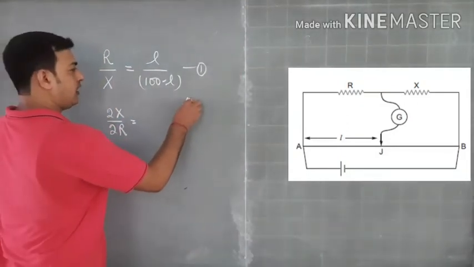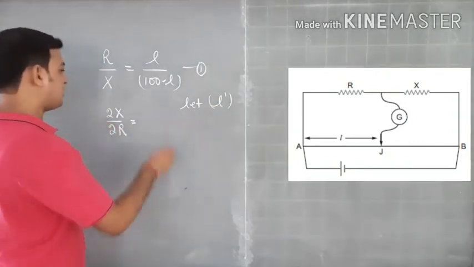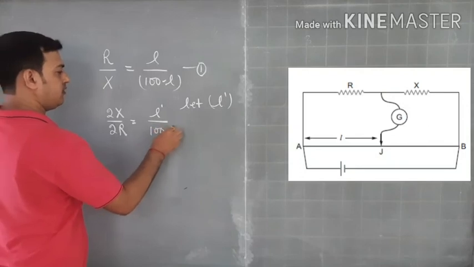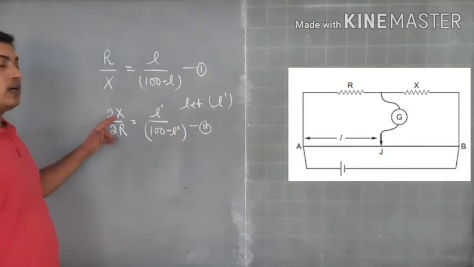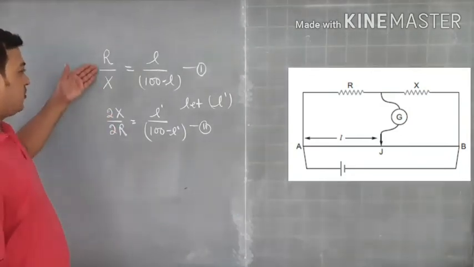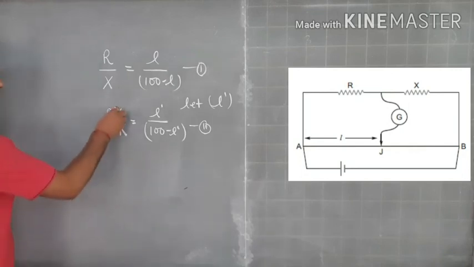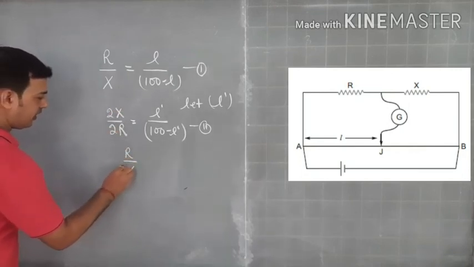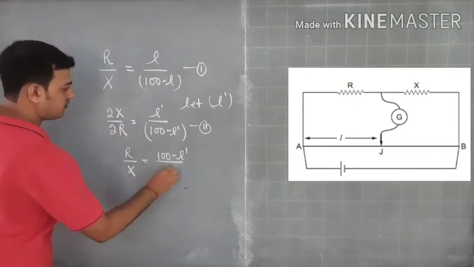Now let the new balancing length be L dash, and the remaining length will be 100 minus L dash. This is when both are doubled and exchanged. So now I will simplify these two: the 2 will cancel out, and I can write R by X as (100 minus L dash) by L dash.